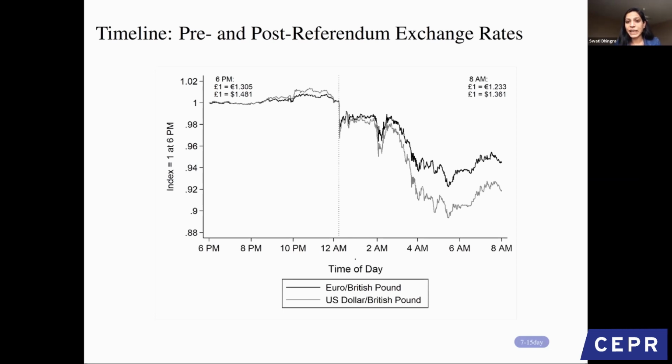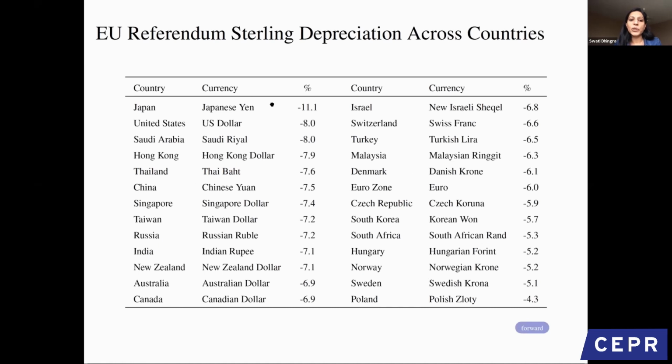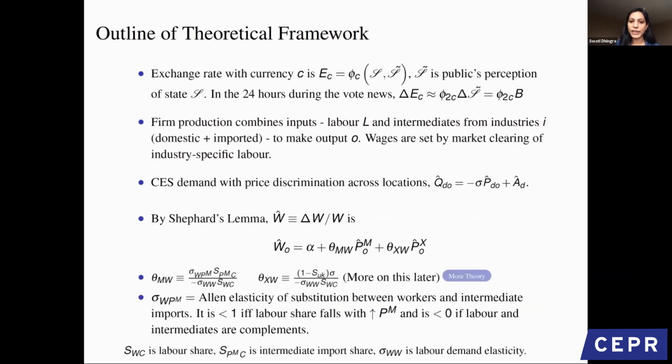That's what you can see here: the big depreciation happens with respect to currencies like the yen and the US dollar, and the rest are down here with much less exposure. And we're going to utilize this cross-currency variation to think about what happened to trade afterwards, to the depreciation in that particular industry, as well as later on to trade.